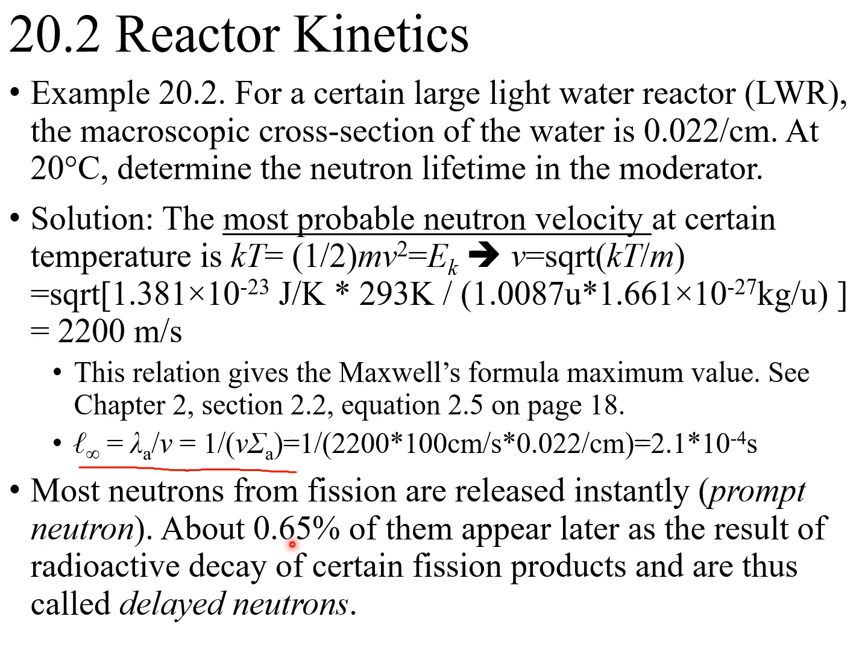So we call those neutrons delayed neutrons. If the neutrons are not released instantly, we call them delayed neutrons. Fortunately, with the delayed neutron, we can greatly increase the neutron lifetime and control the reactor.